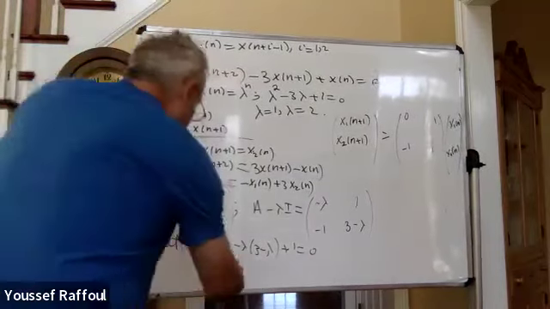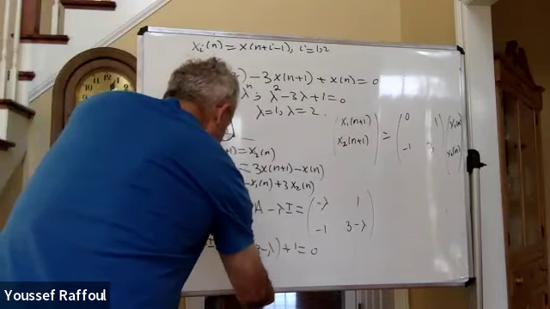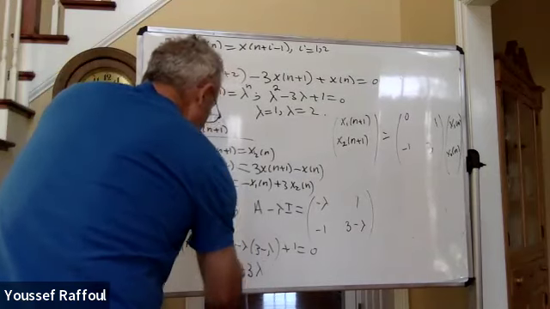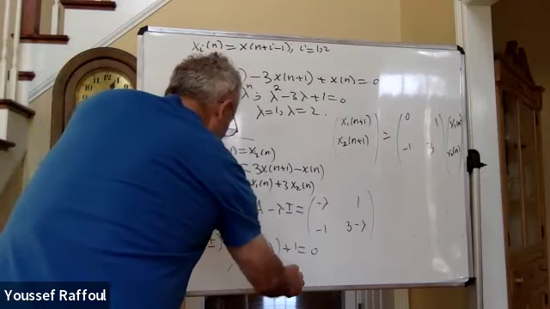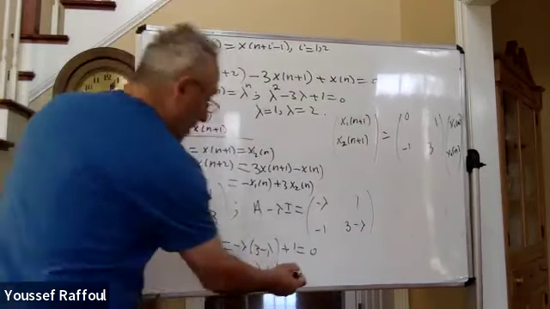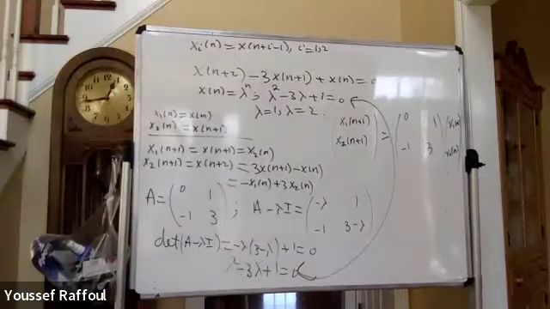And that is lambda squared minus 3 lambda plus 1 equals 0. Do you see the relationship between the two?